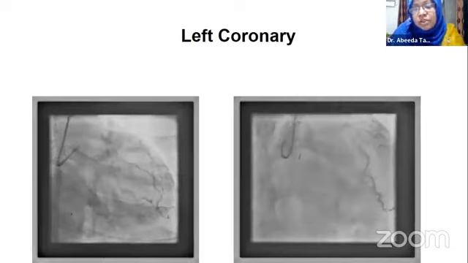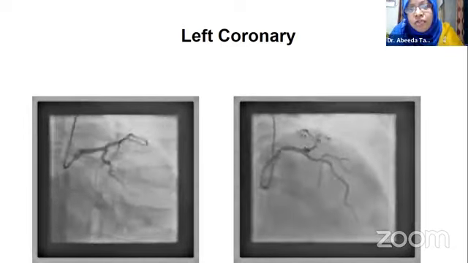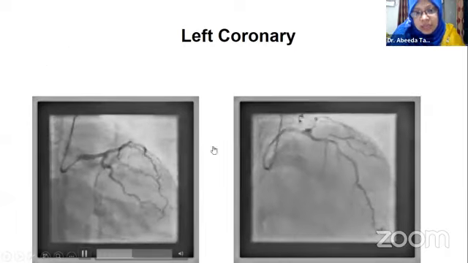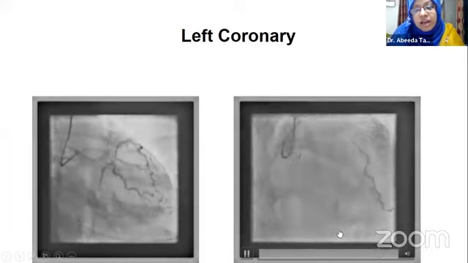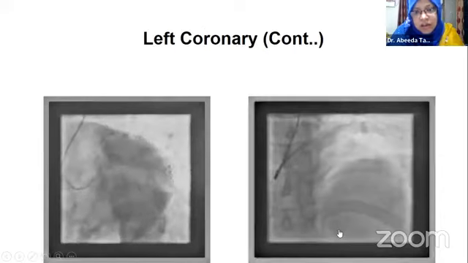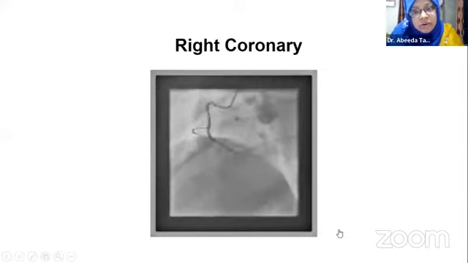Here, this is the left coronary system, where in the first view there is the LCX, and in the second view we can see the left anterior descending artery. Both look fine. So we move on to the right coronary artery.